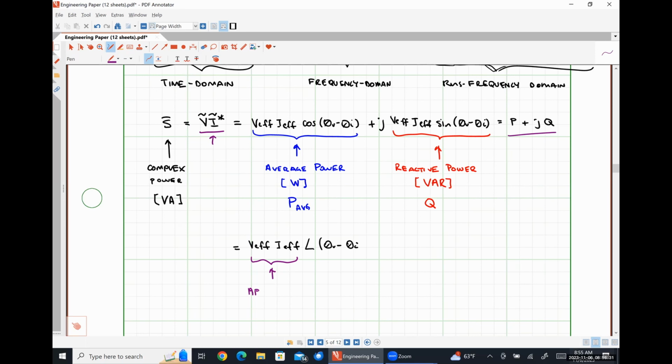It's what's called the apparent power, and it is simply the magnitude of the complex power. So it's just the complex power if you throw the phase angle away. Because it's the magnitude of the complex power, it is measured in volt amperes.